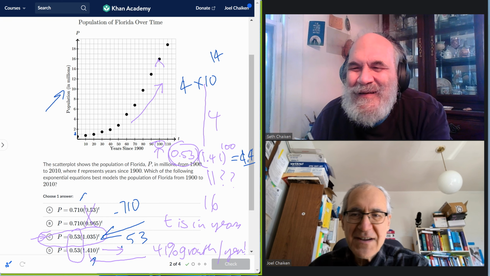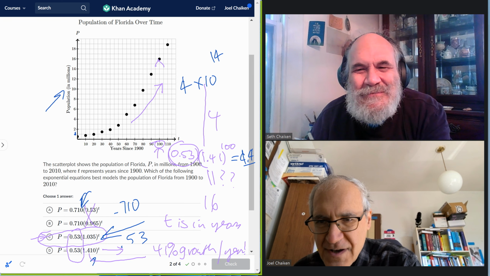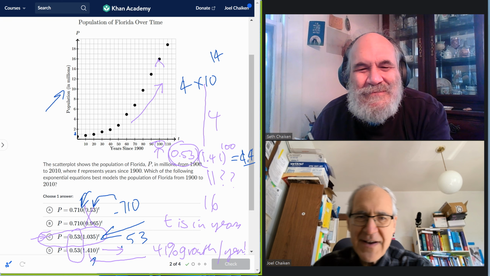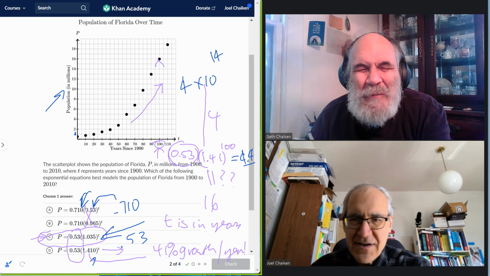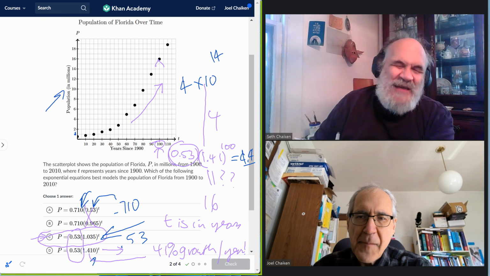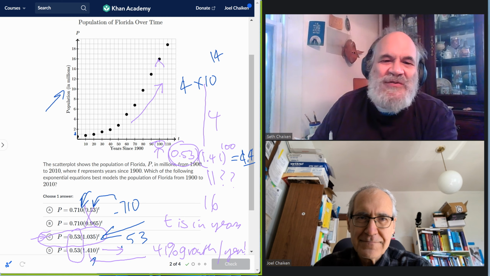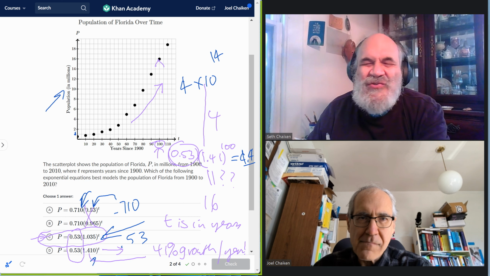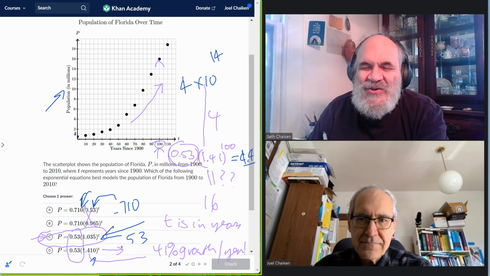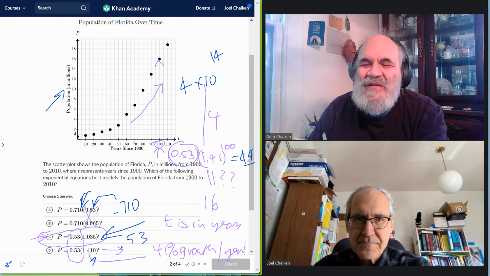That was good though, Seth, that you immediately went for the less than or greater than one. I was stalling on the 0.53 thing. But mathematicians know that the exponential feature of a function is a more notable feature than the linear property of the function.